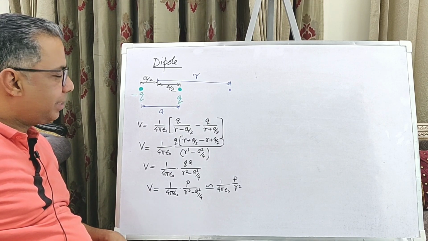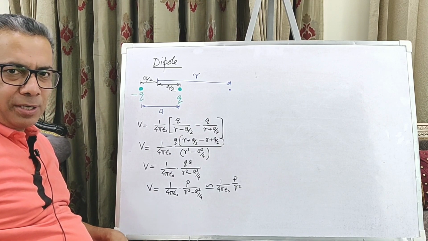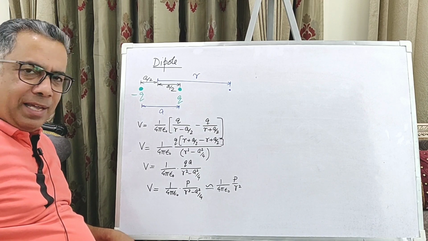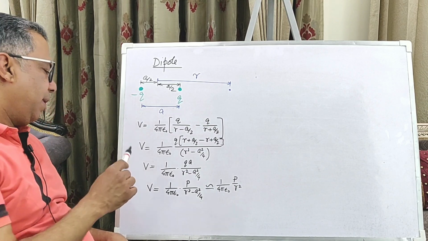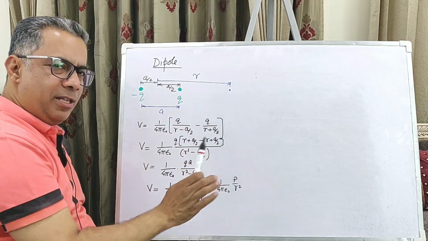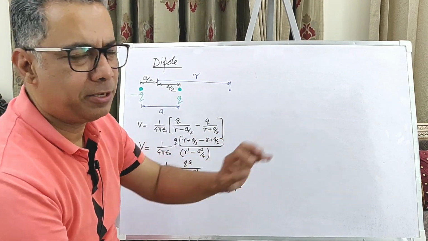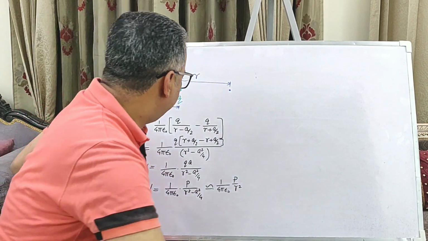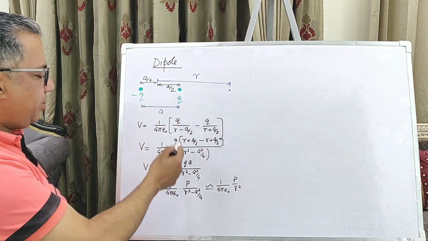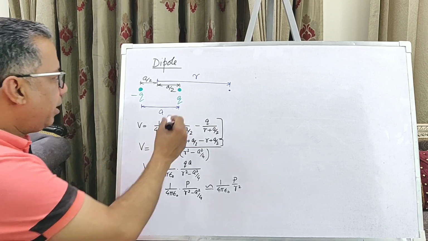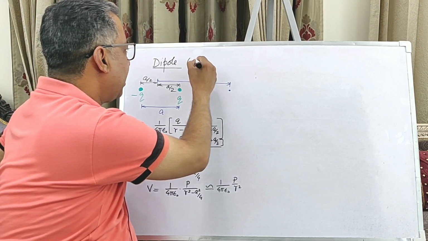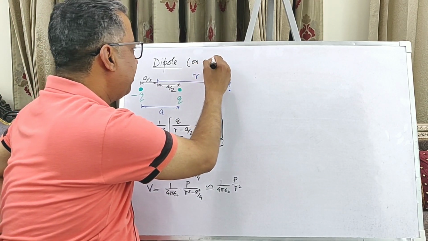And in that case, the potential will be negative. Now, we'll be accommodating this fact in the formula, but a little bit later on. Now, this is calculation of potential of a dipole on the axial line.